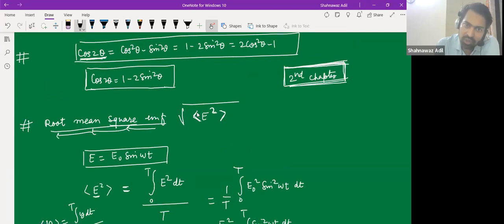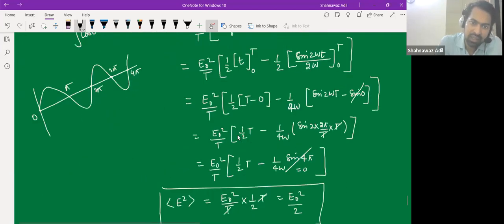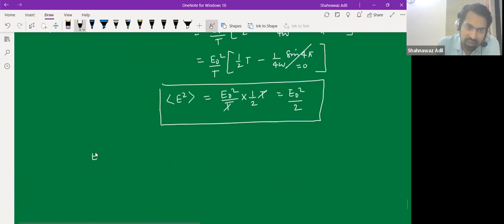So root, mean and square of EMF, right? So let us calculate that. And this is represented by RMS, root mean square. So this is E naught square and root, right? So EMF, then square, then mean, and then root.